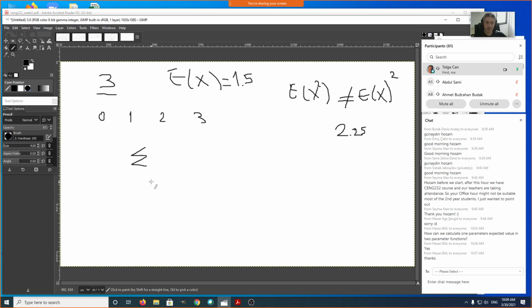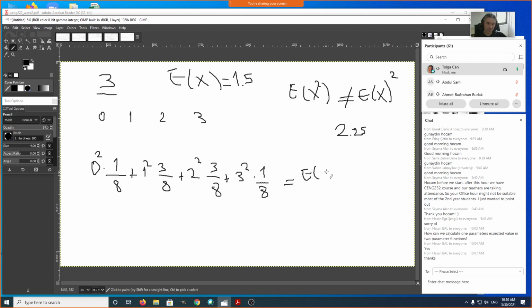So we do the summation: 0 squared times the probability of getting 0, plus 1 squared times 3 over 8, and 2 squared times 3 over 8, and 3 squared times 1 over 8. Let's compute this one. What I have written here is the expected value of x squared, where x is the number of heads in 3 coin tosses.